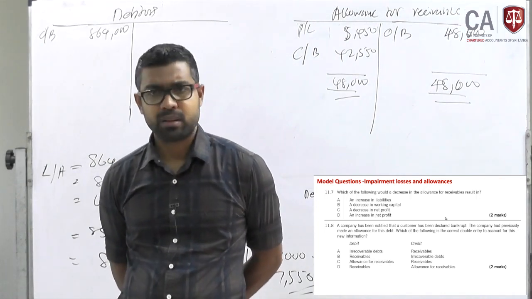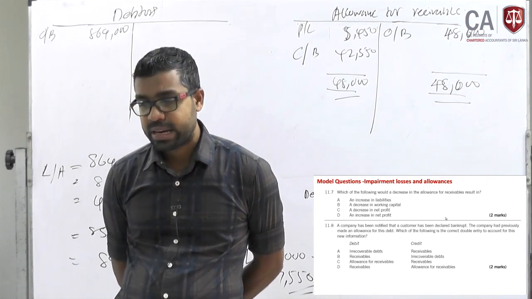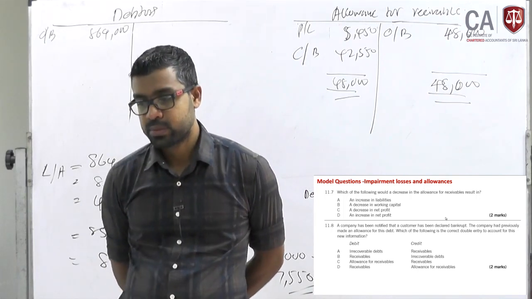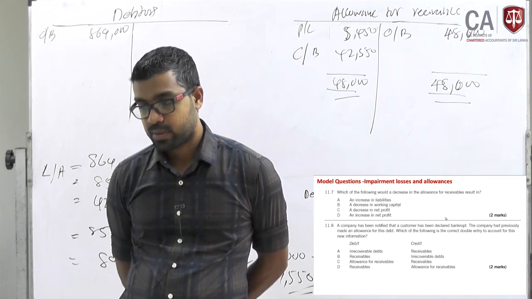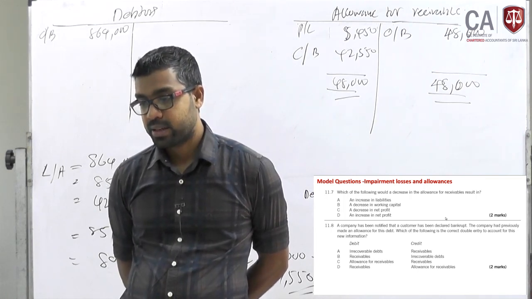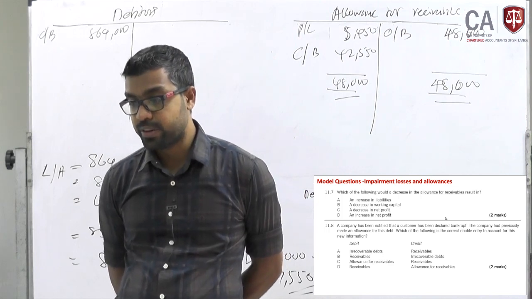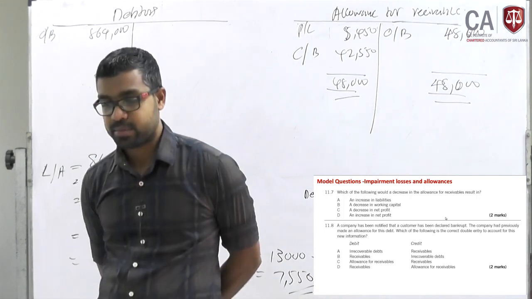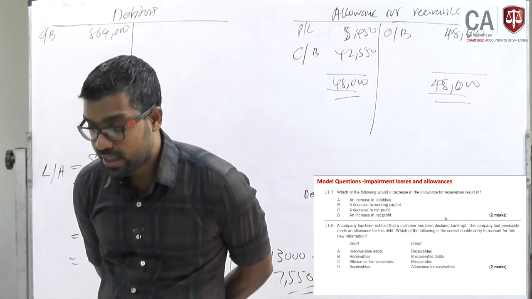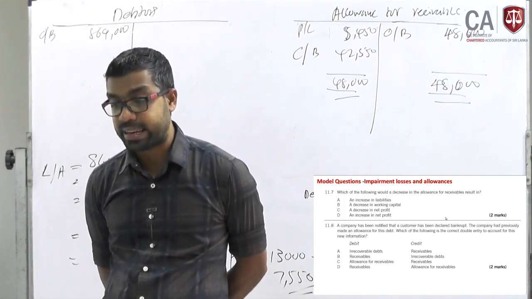Decrease in working capital, completely irrelevant. Decrease in net profit. Understand the question. What will the decrease in the allowance for receivable result in?